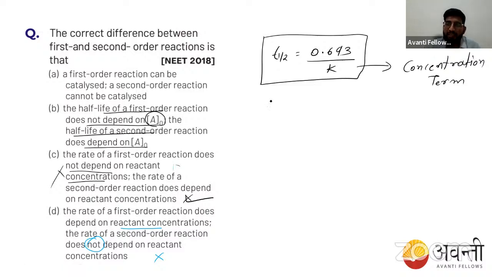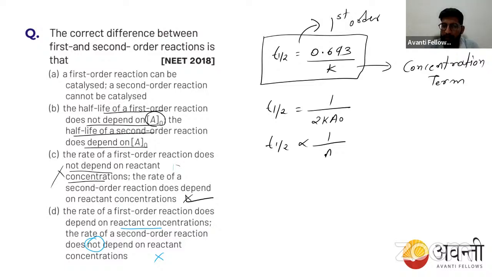But if I see the half-life for a second order reaction, I will get some value like 1 upon 2K A naught. So the half-life is proportional to A naught to the power n minus 1.